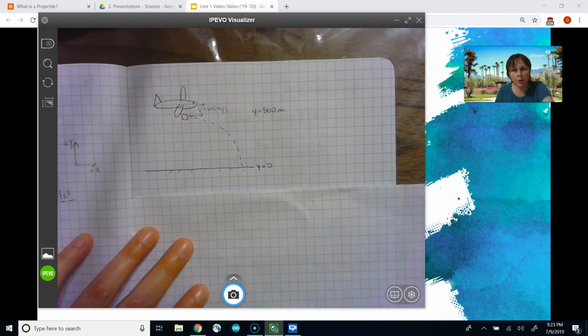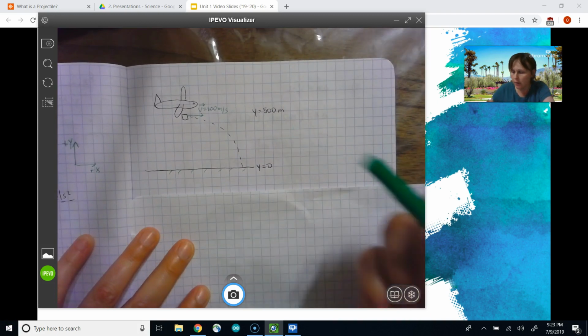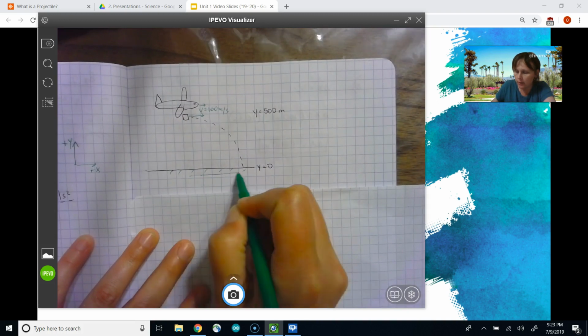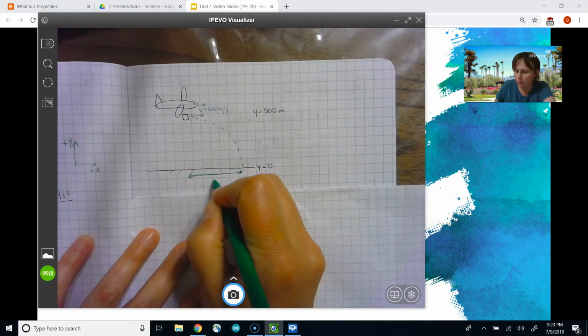For the second question, to find how far the box will move, we are going to find the x displacement, delta x.